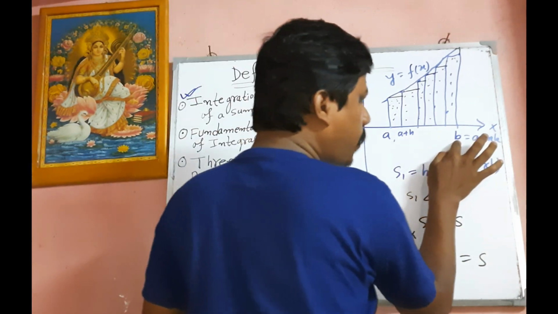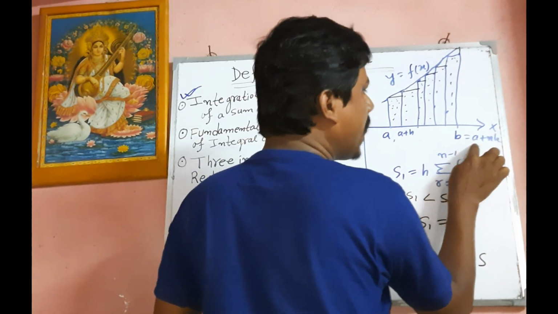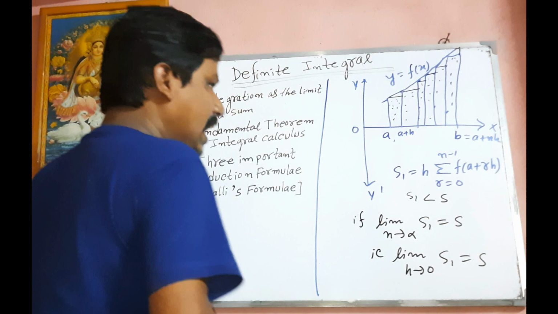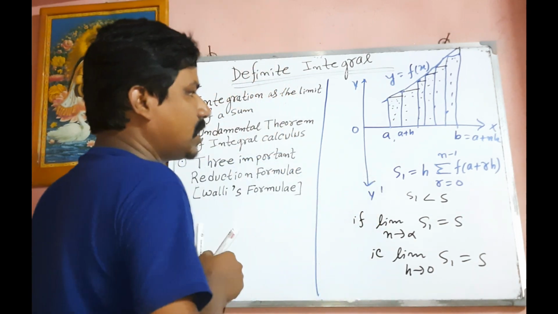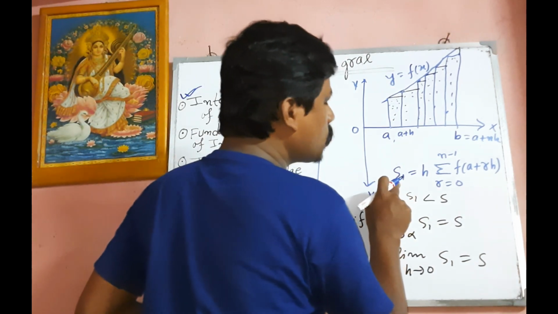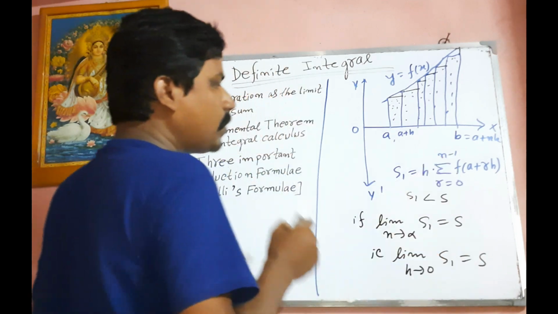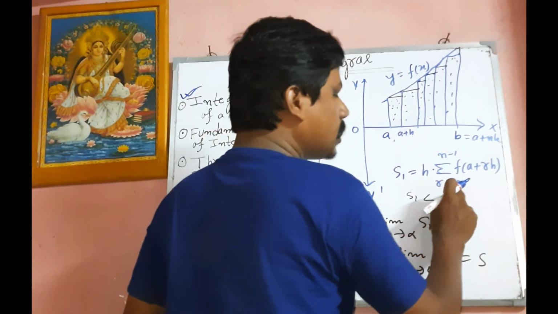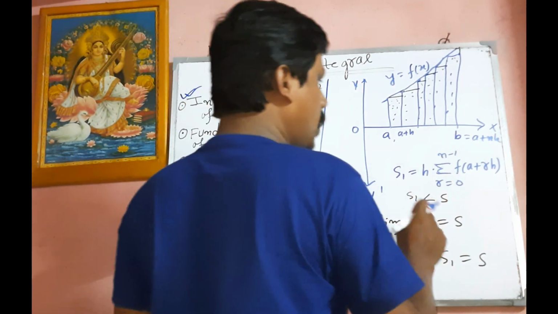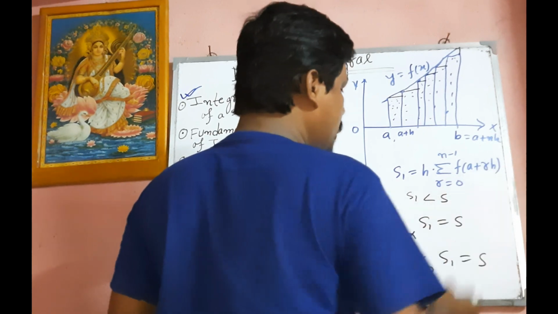So this is the b point, so b is equal to a plus nh. In this succession we can say S1 is equal to h times the summation of r equal to 0 to n minus 1 of f of a plus rh.